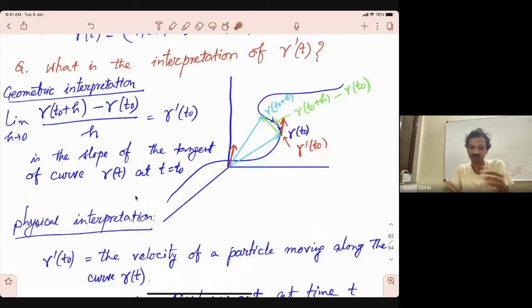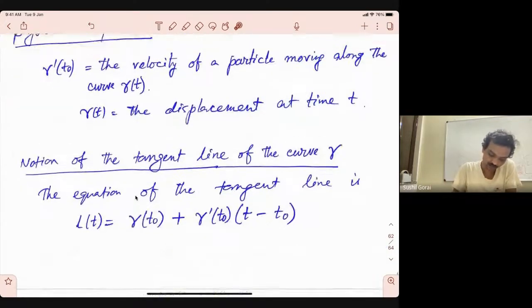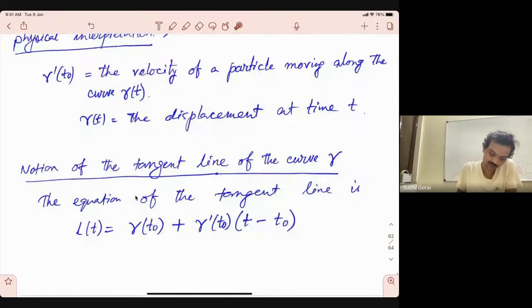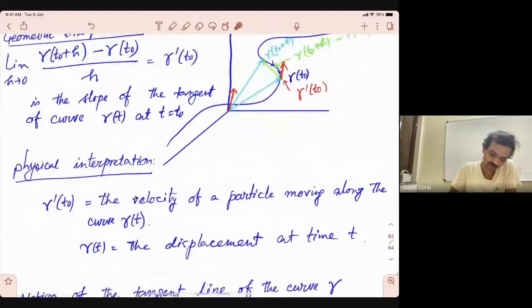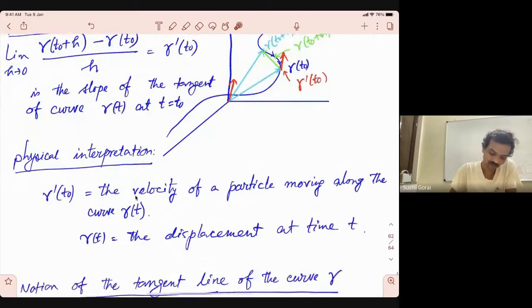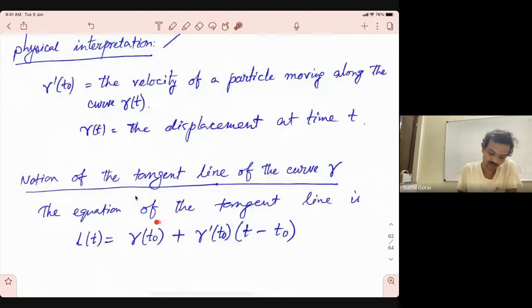If you look at the vector, the line here, this line corresponding to vector gamma prime T naught, and this line, which is here, got shifted back by gamma T naught.